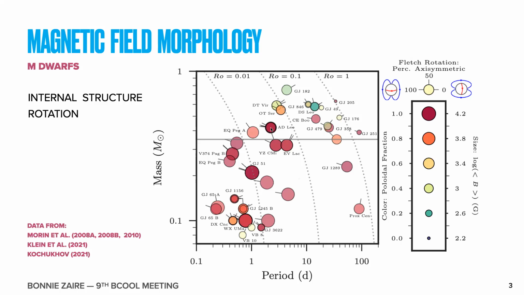But as we move to these partially convective stars, we see that the field tends to get more complex, and as the rotational period increases, the field strength tends to decay. So this shows some combined effect of convection and rotation on the field strength.